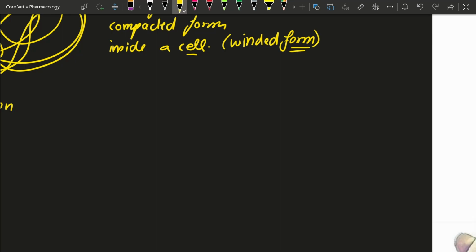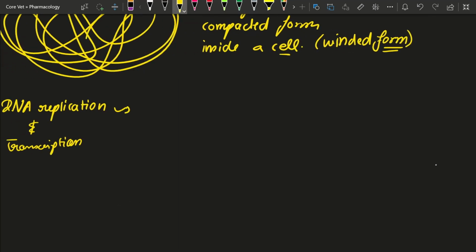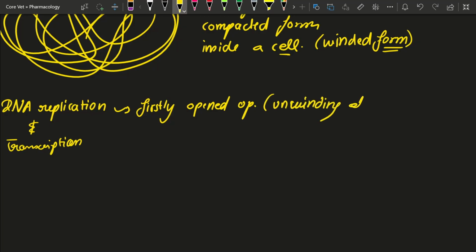The DNA should firstly be opened up, which means unwinding of DNA should be done before DNA replication or transcription.